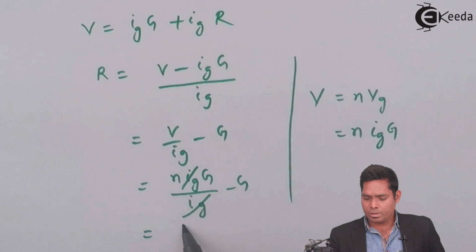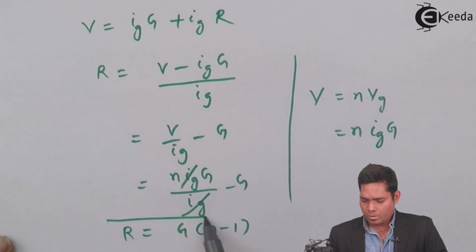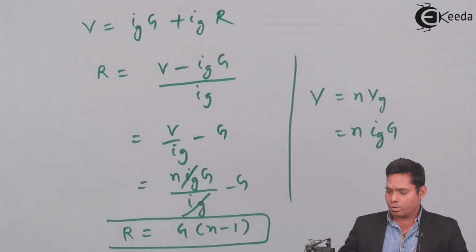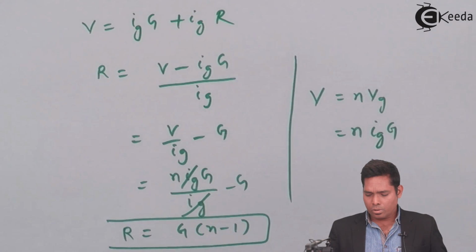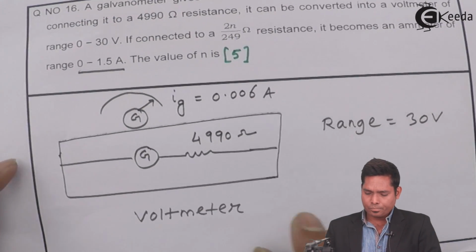From these two expressions I will take G common, and this will become n minus 1. So these two equations we directly used, and using those two equations we get the final answer for n, and we got this n to be 5.